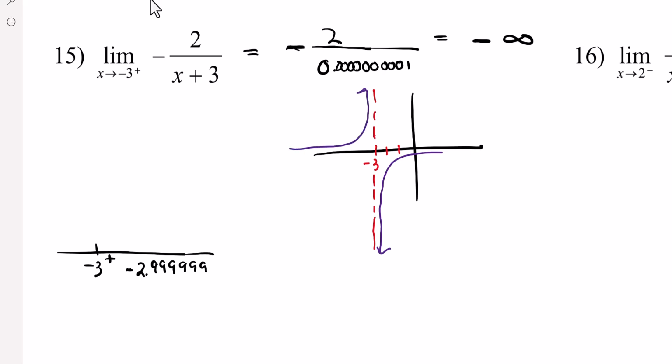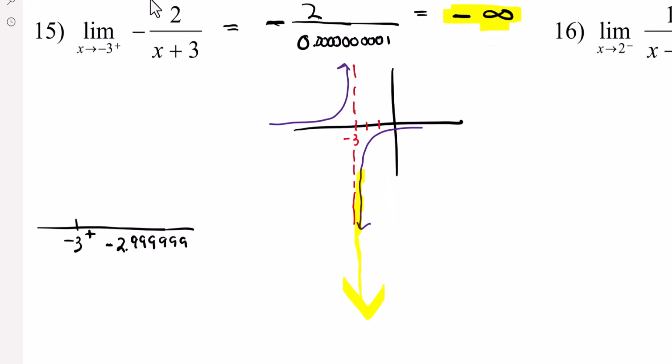On the left side, so notice on this one-sided graph, the closer you get to negative 3 from the right side, so negative 2.99999, keep going, the farther into negative infinity that it gets. All right.